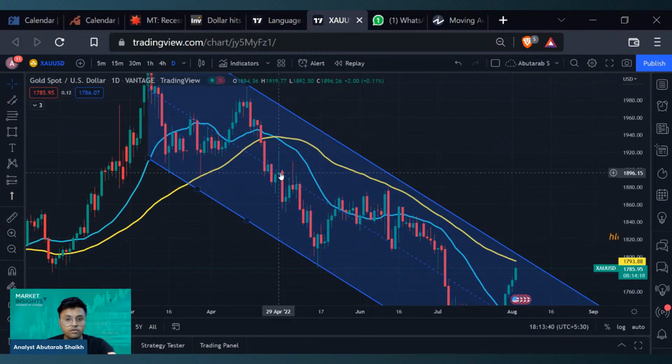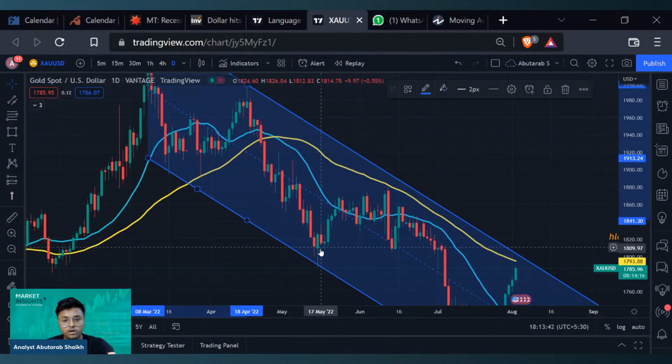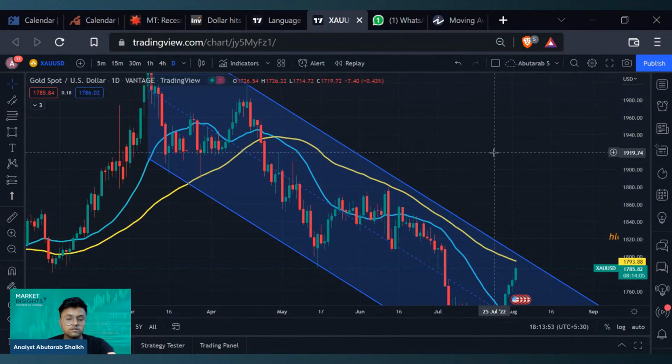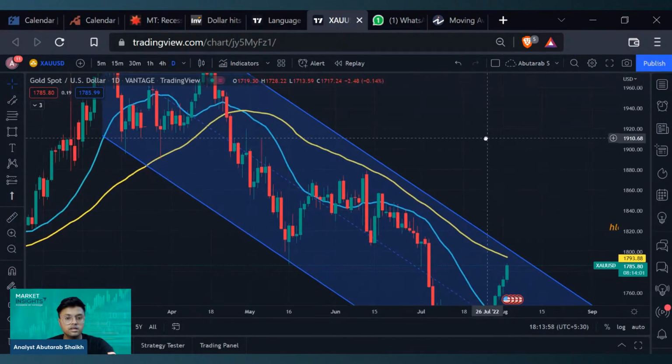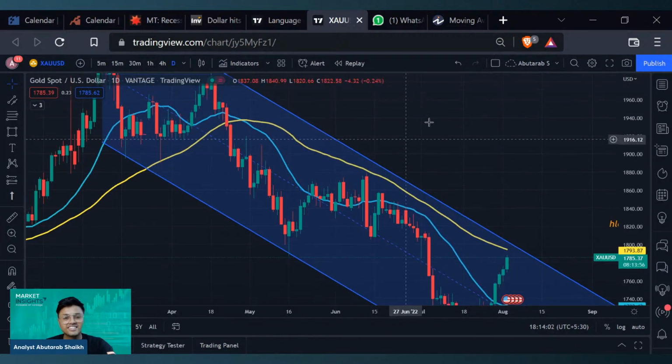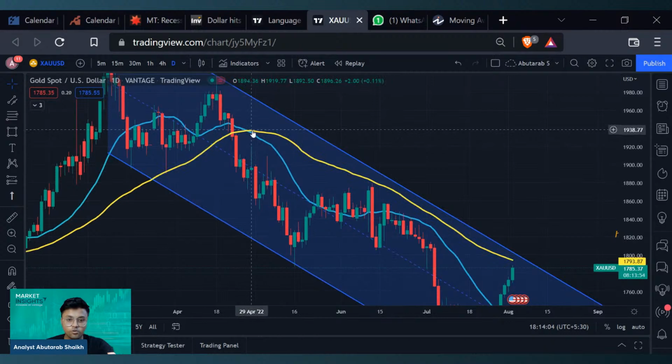If you had shorted here, you would have got so much profit, from 1894 to 1800 somewhat, on a single trade. So this is the crossover of the 50, the slower moving average, over the faster moving average. This is a bearish signal.